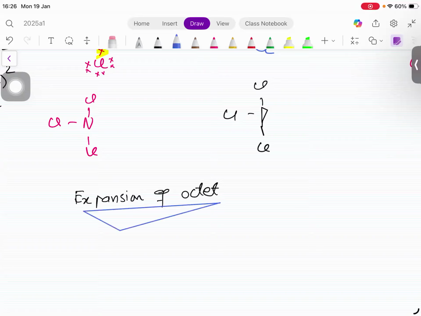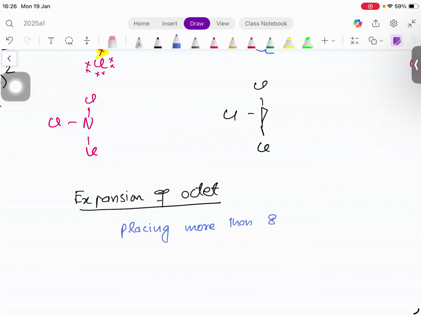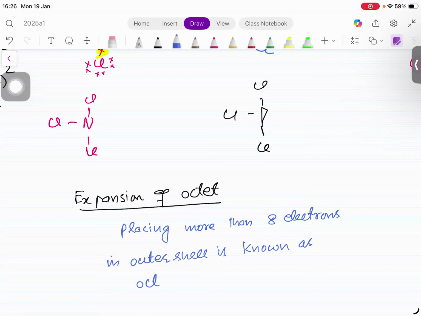Placing more than 8 electrons in the valence shell is known as octet expansion.